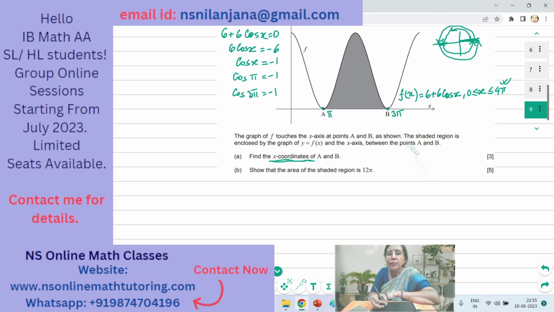So the x coordinate of point A is pi, and the x coordinate of point B is 3 pi.